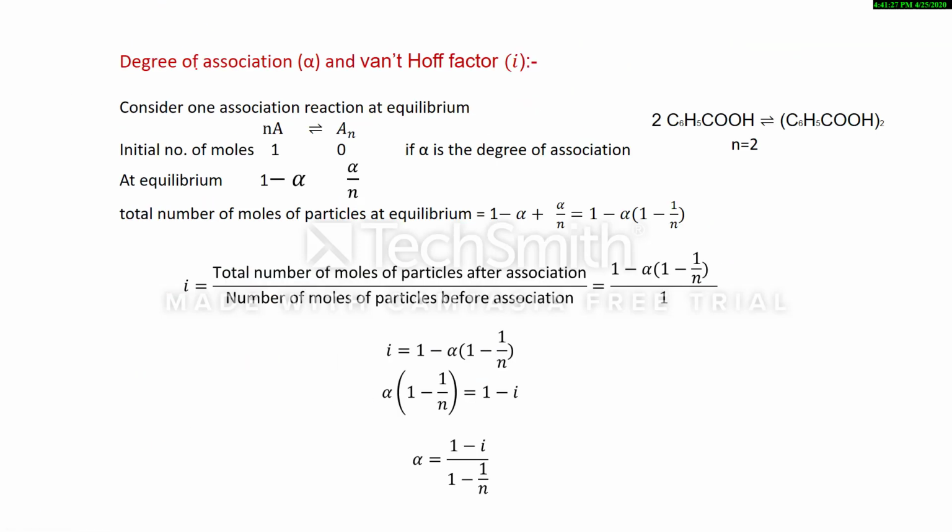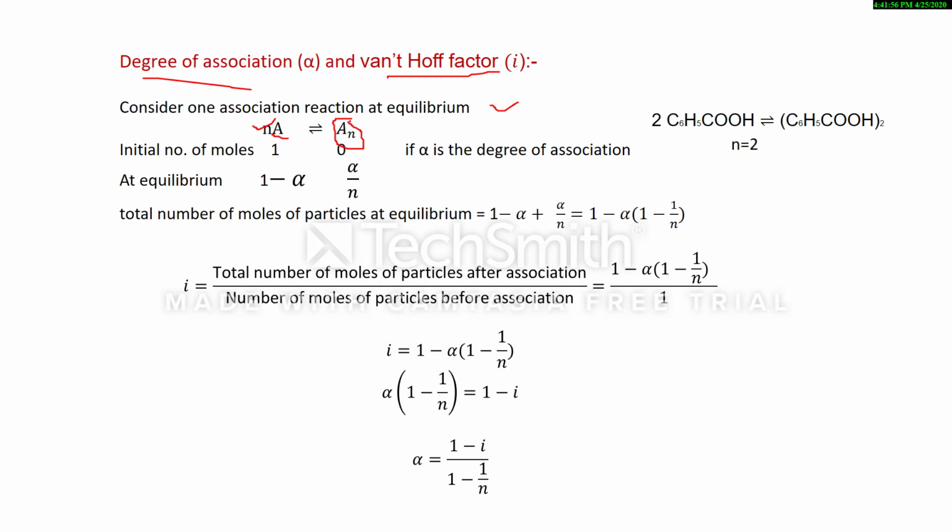Now next, degree of association and Van 't Hoff factor. Consider one association reaction at equilibrium. That is, reactant is A, and if its n moles are associating and converting into An. But again, remember, 100% association is not taking place.